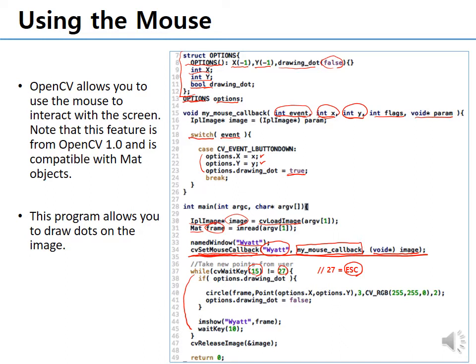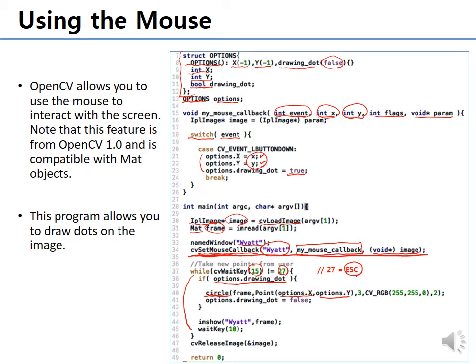If option.drawing_dot is true, that means they pressed the left button, then they draw a circle. The position is option.x and option.y. We already saved this location here.